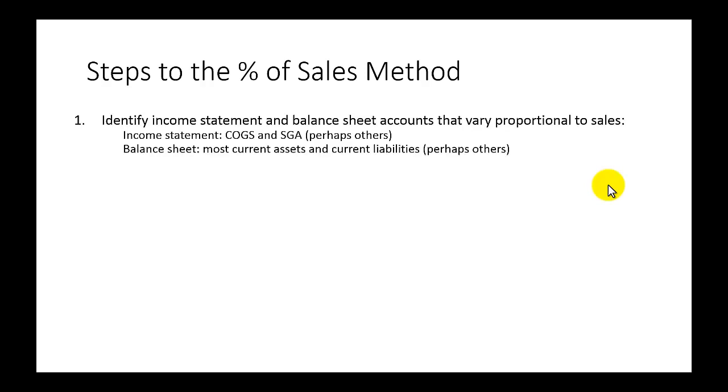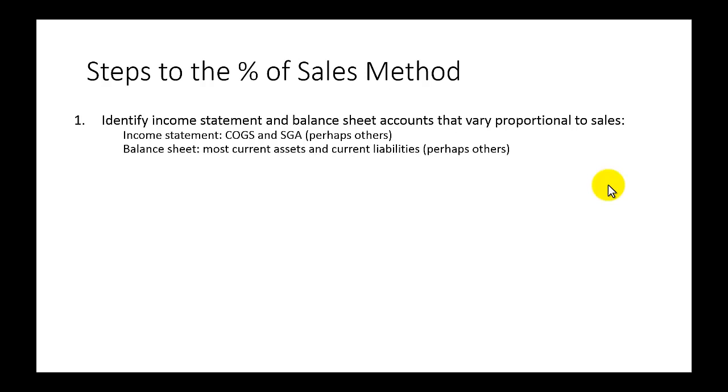Step 1 in the percentage of sales forecasting method is to simply identify which income statement and balance sheet accounts vary proportional to sales. Now, there is some general guidance on this. On the income statement, we would certainly say that generally speaking, cost of goods sold vary proportional to sales.